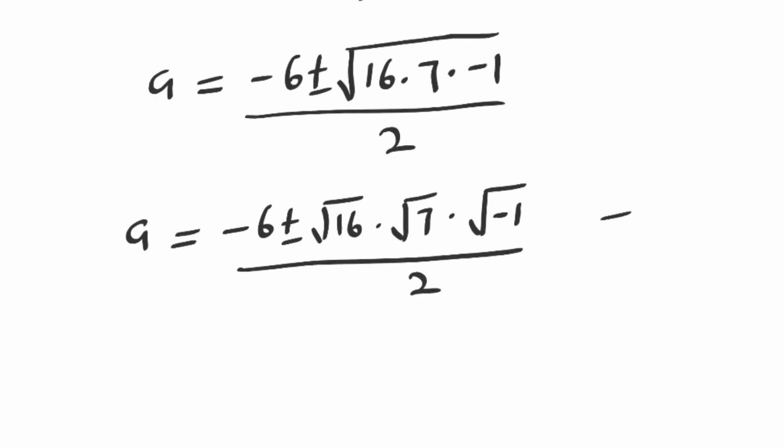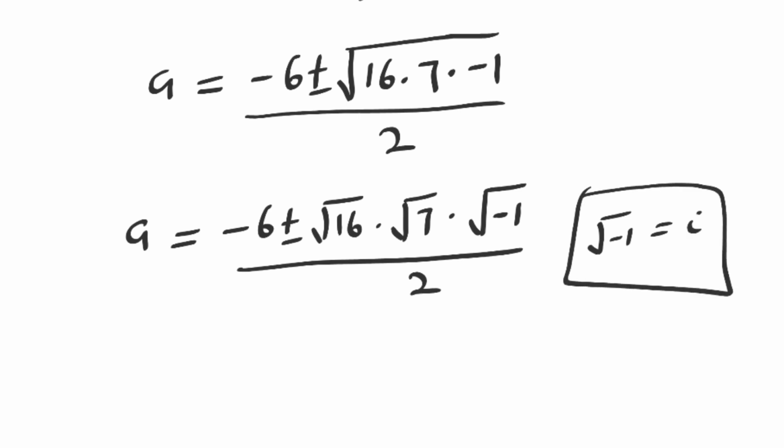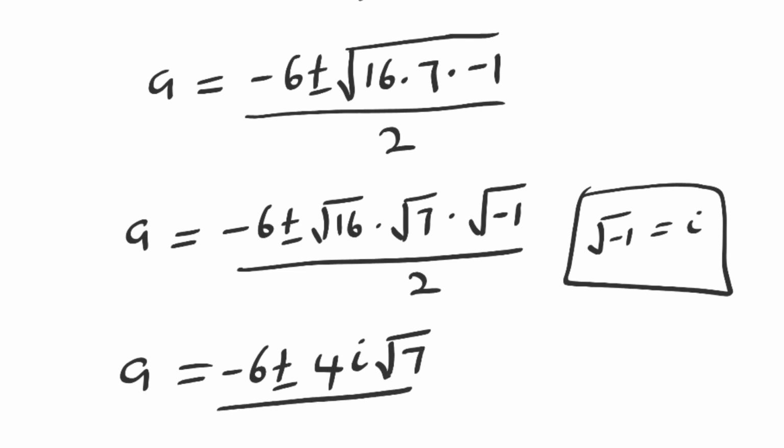Now, square root of minus 1 is equal to i. A is equal to minus 6 plus or minus square root of 16 is 4. Square root of minus 1 is i. Then root 7 divided by 2.